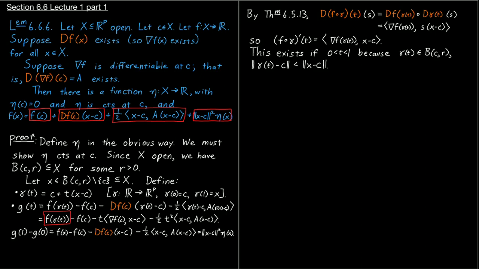So our function g is continuous because it's differentiable. It's differentiable everywhere, so of course it's continuous.